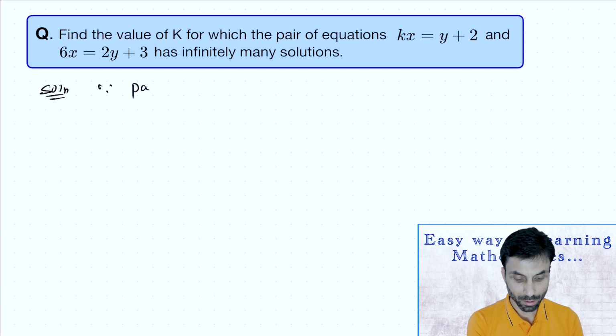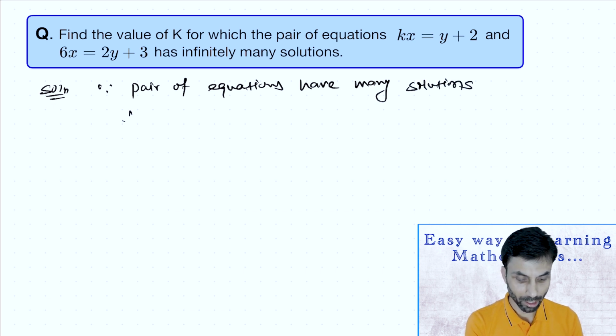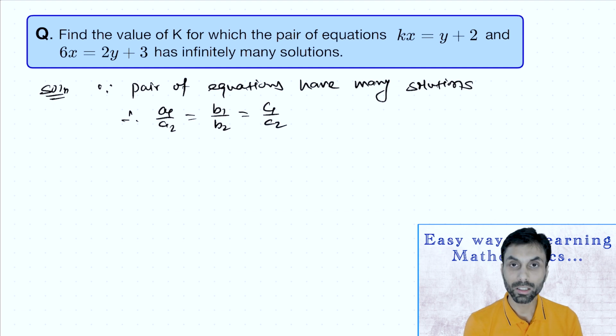since the pair of equations has infinitely many solutions, therefore A1 upon A2 will be equal to B1 upon B2 will be equal to C1 upon C2.